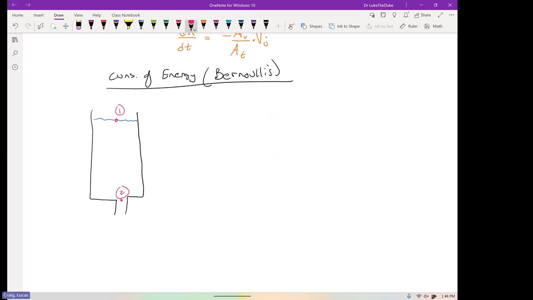Now, what else is very important in Bernoulli's on the sketch? What's that called? Reference or datum? Yep. Because in this datum, Z2 is 0. Okay, cool. Now, assumptions. What can you assume?